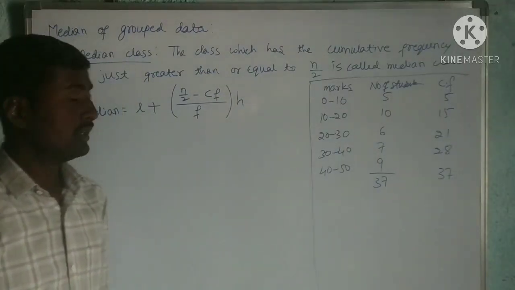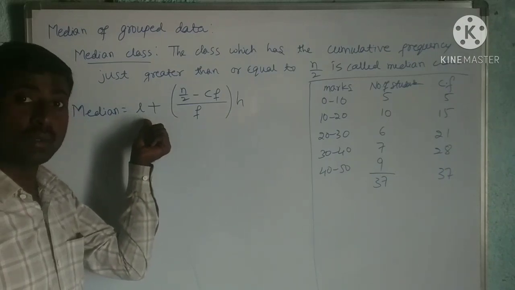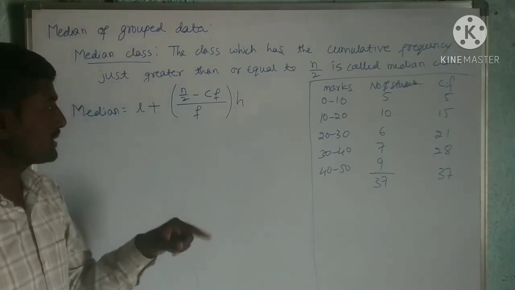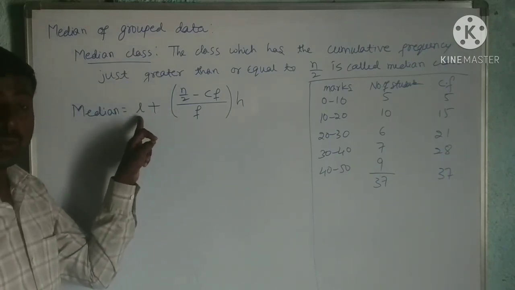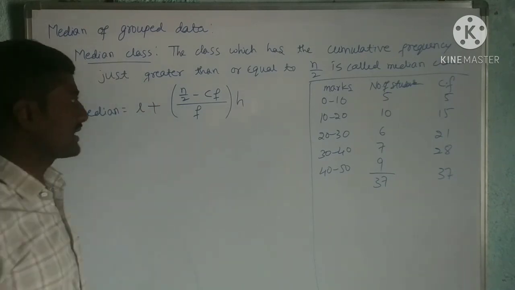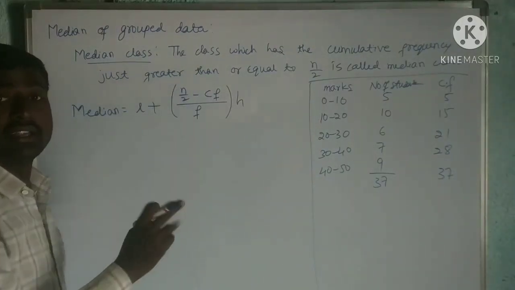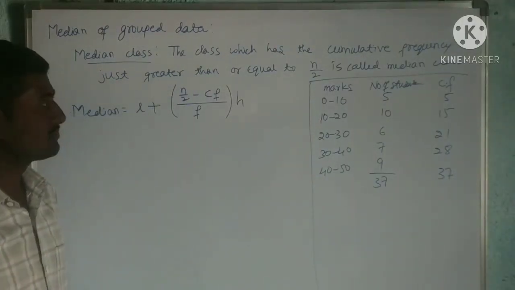As in the case of mode, where L is the lower limit of the modal class, here L is the lower limit of the median class. Next, n by 2, where n is the number of observations.